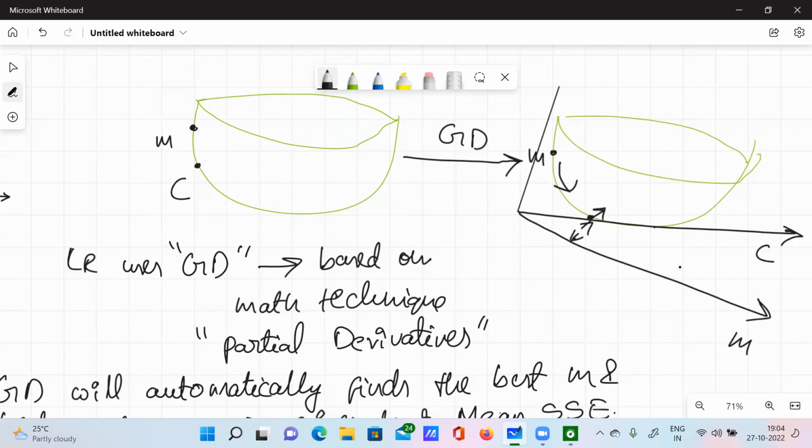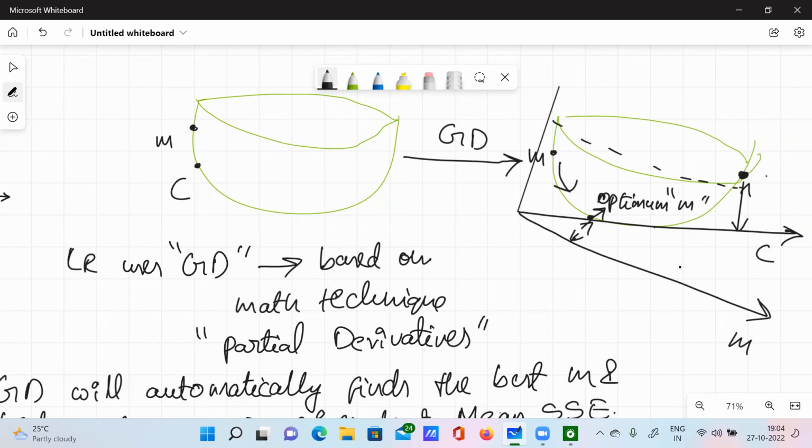This position is known as the optimum M, or you can call it the best M. And now you also have the C value, which will automatically go to the possible value, let's say this particular value, the possible minimal distance here.